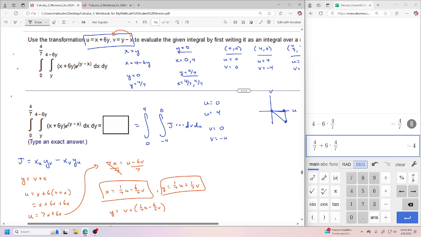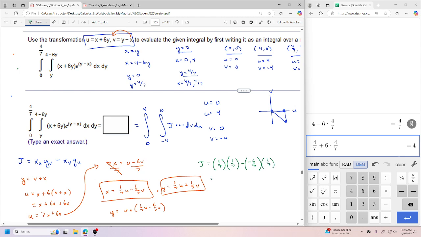So here we go. Now I can finally find my Jacobian. So derivative of x in terms of u. Perfect. And then y in terms of v. x in terms of v. And then y in terms of u.